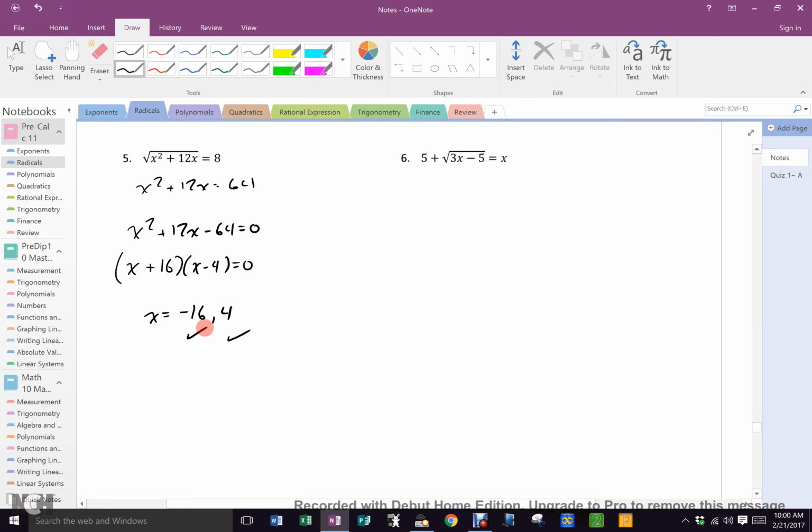What are the restrictions? X has to be greater than or equal to 0? Yes. Think about what you're asking before you finish that question.